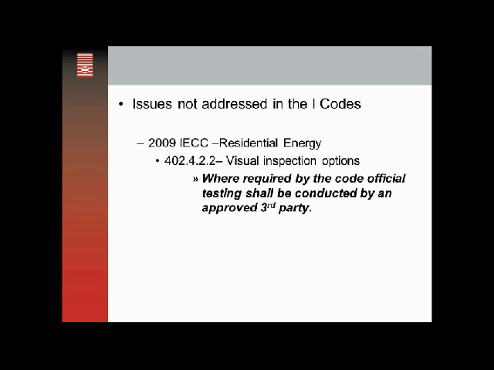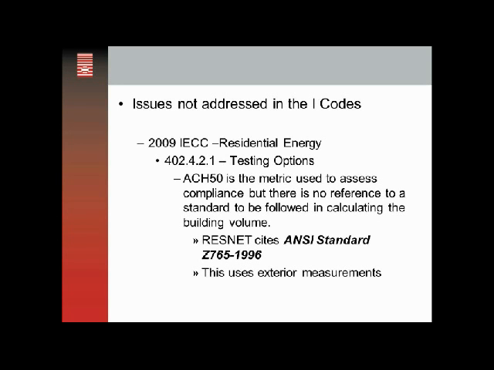If your state's already up and running, give these guys a call, get in contact with these local code officials, and find out what, if any, requirements they have regarding whether or not they're going to require testing or whether they're going to require specific credentials. The final small point has to deal with the fact that if you're going to be doing an actual performance test on the air tightness requirement, the International Code uses air changes at 50 as the actual metric used to verify or assess compliance.